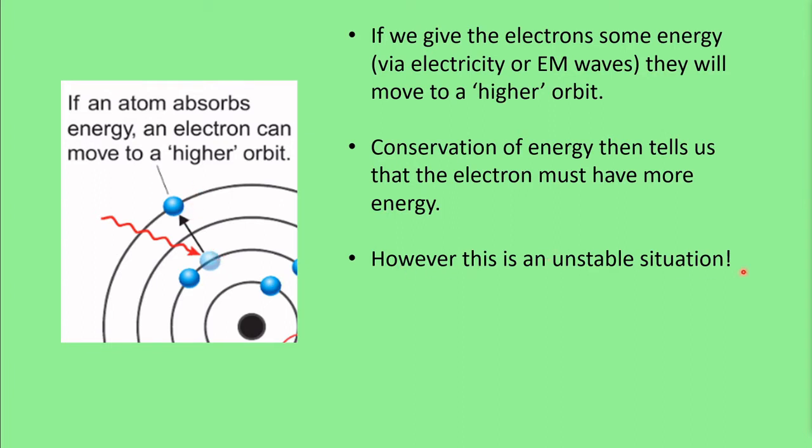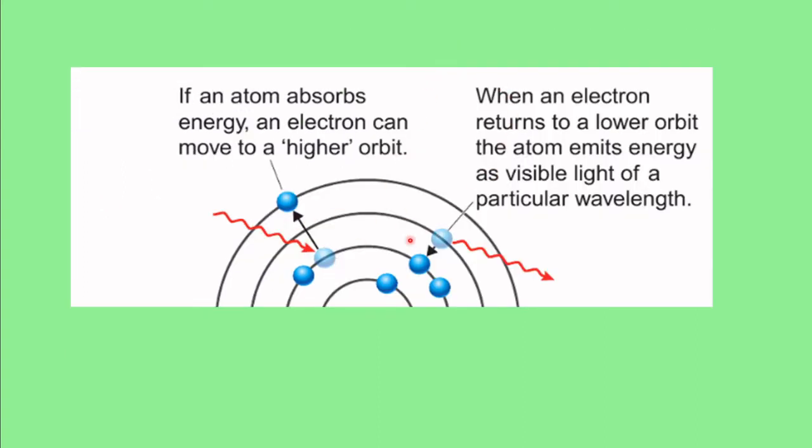However, this is unstable. The electron doesn't like to have all of that energy. So when the electron jumps back down, it loses that energy, and that energy is given off as a particular wavelength of EM radiation.